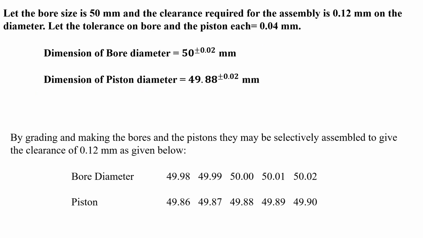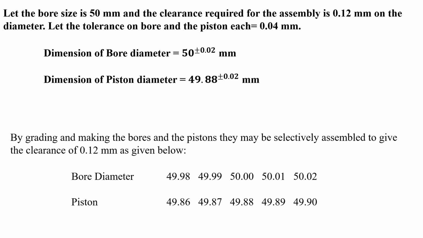Let's see a numerical example of selective assembly. Let the bore size be 50 mm and the clearance required for the assembly be 0.12 mm on the diameter. Let the tolerance on bore and piston each be 0.04 mm.